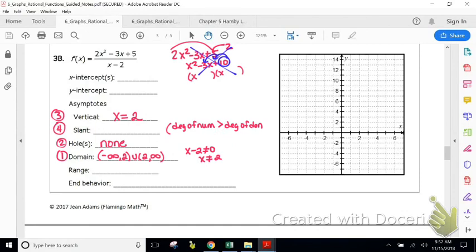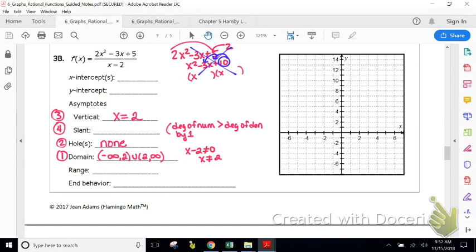So because the degree is bigger on top, that means there's no horizontal asymptote. But then you have to ask yourself, is it by 1? If it is, then there's a slant asymptote.